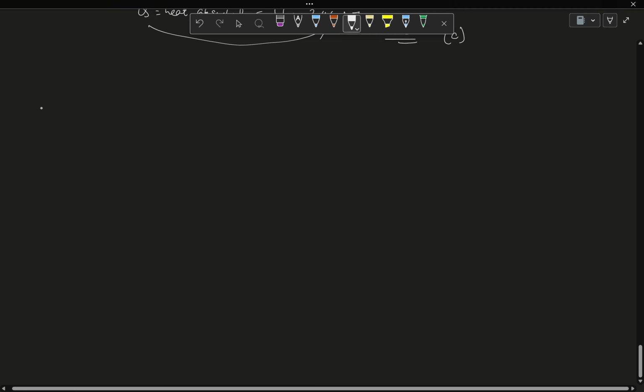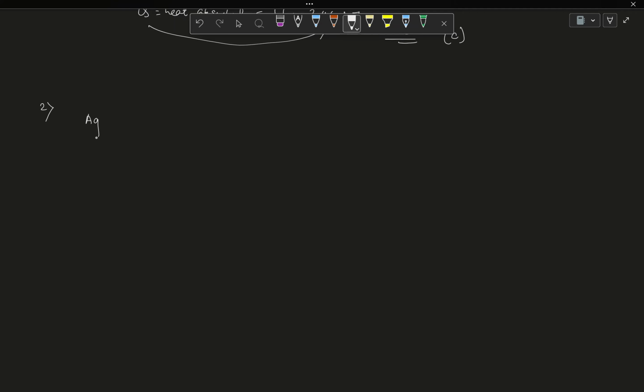So first of all, let me write down the information we have. This element is silver, and the number of moles is 2, n equal to 2 mole. And you have the information that the specific heat at constant pressure, this is per mole, so this is molar specific heat.